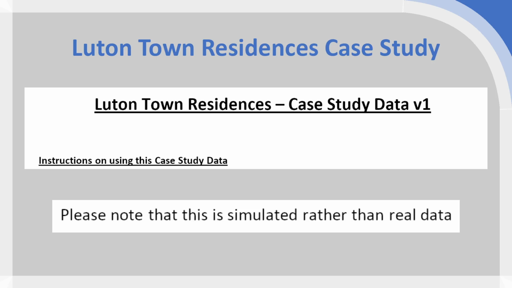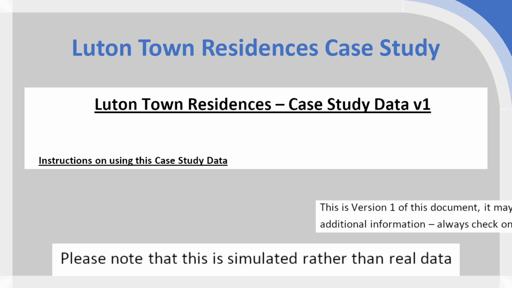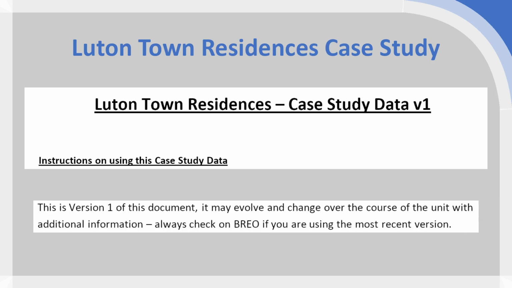The second thing I want to point out is that this is version 1, which is currently on the BBS show, because it may well end up changing and evolving. If there's a particular recommendation you want to give or a particular direction you want to take the practice week task or later activities in, then you simply email me with the question, and the response can be added within the case study data.